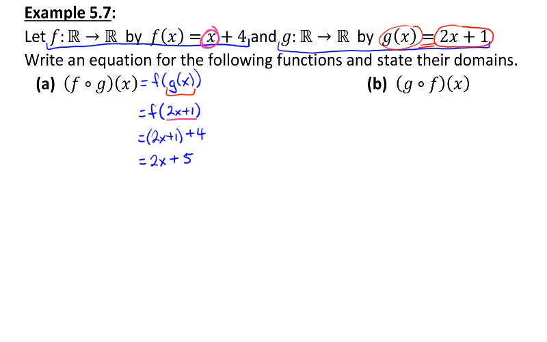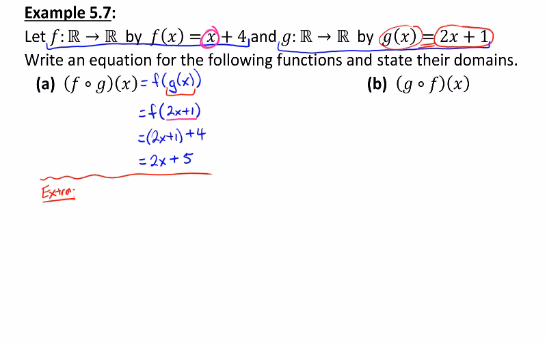And I want to give you a little extra here. Going back to example 5.6, hopefully you've already done it. If you haven't, you need to pause and do example 5.6 and then come back to this point in example 5.7. I want to make a connection between the calculation we did in 5.6 and what we're doing here.